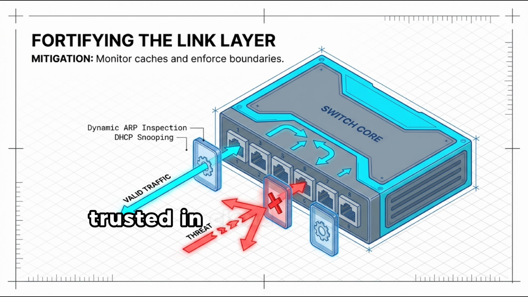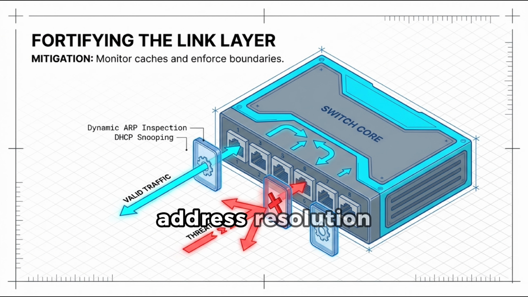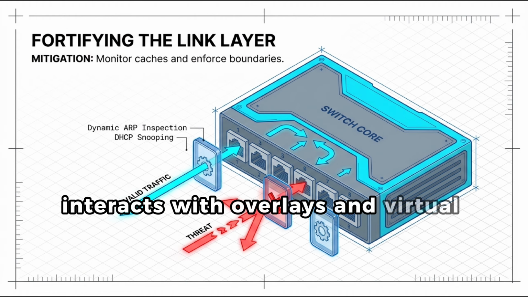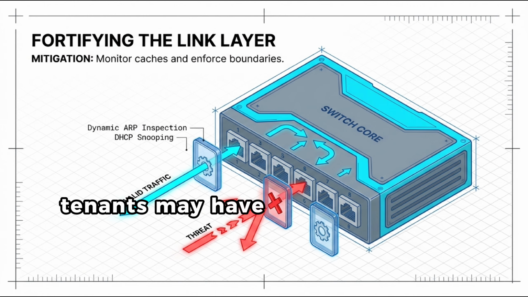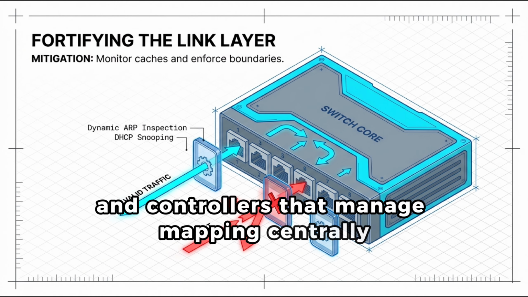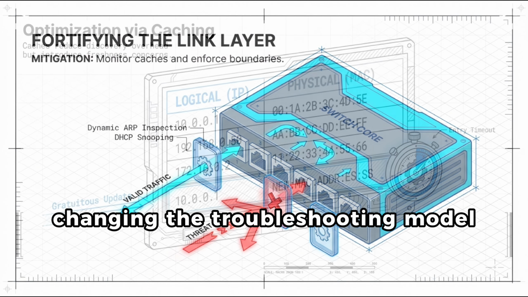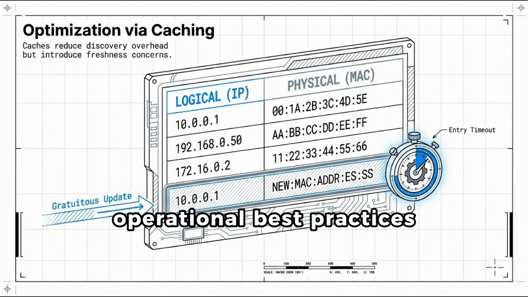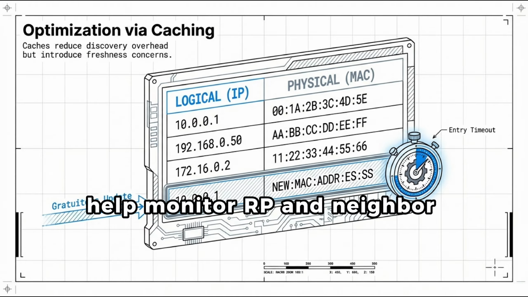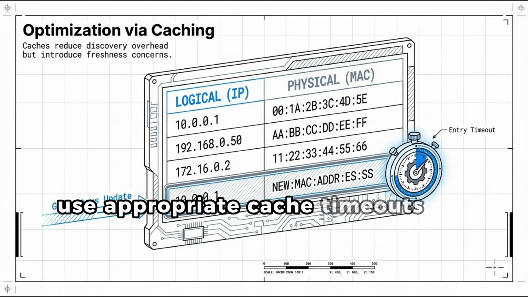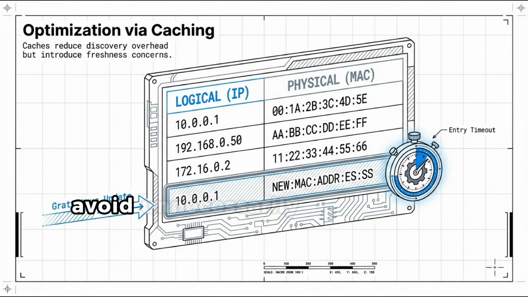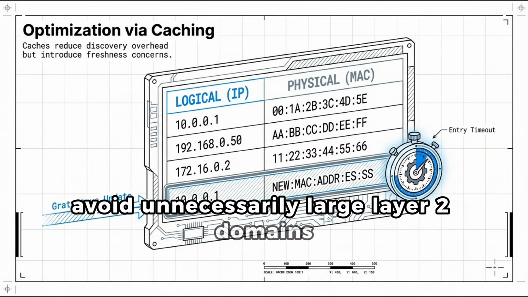In trusted and cloud environments, address resolution interacts with overlays and virtual switches. Tenants may have isolated address spaces and controllers that manage mapping centrally, changing the troubleshooting model. Operational best practices help: monitor ARP and neighbor caches, use appropriate cache timeouts for your environment, avoid unnecessarily large Layer 2 domains.